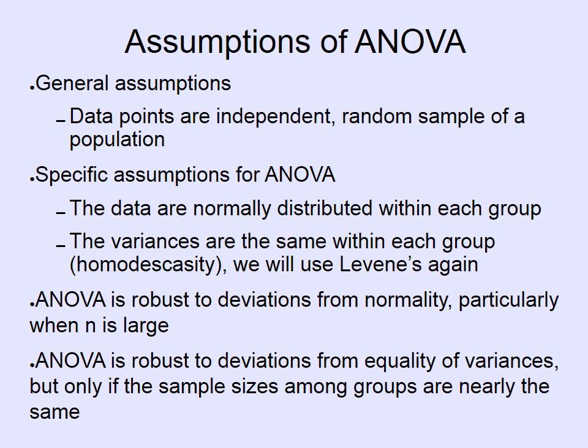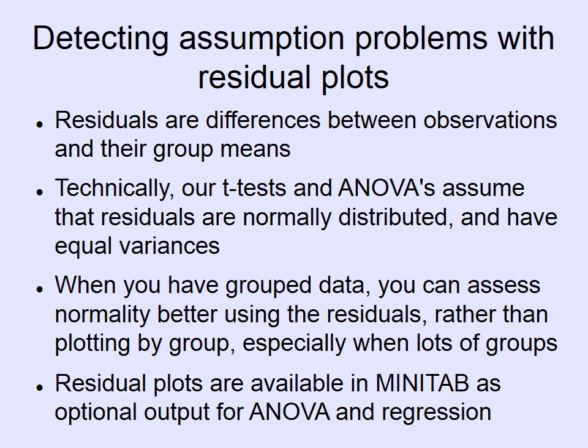I'll show you in Minitab. Of course, Anova, just like the t-test, is robust to deviations from meeting these assumptions when we have large sample sizes. So we can use our Levene's test and our AD plots to check for normality and equal variances, and I'm going to show you that in class.